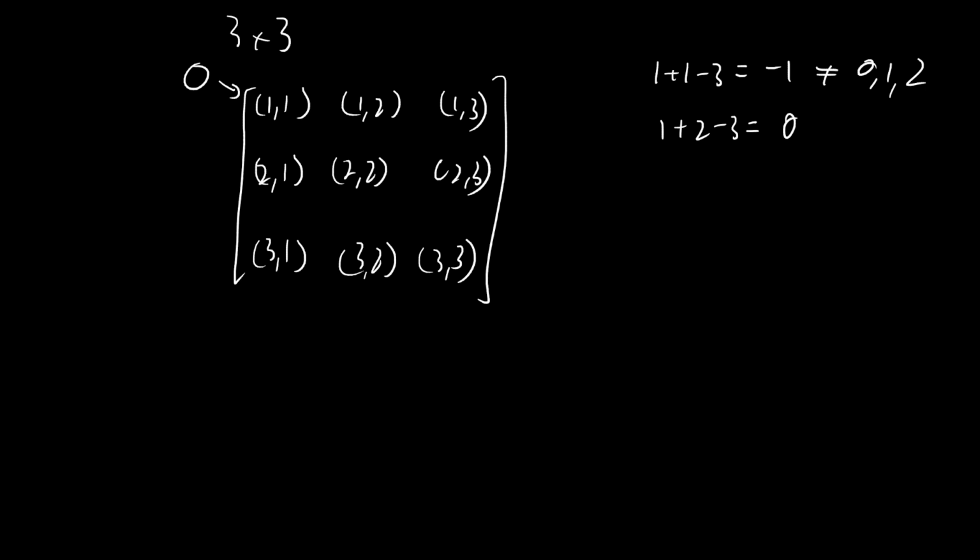Let me just highlight the non-zero elements once. This is non-zero. This is non-zero. Now checking for 2,2, 1,3, and 3,1: I plus j would be the same in all these three cases. So 1 plus 3 minus 3 equals 1, 2 plus 2 minus 3 equals 1, 3 plus 1 minus 3 equals 1. So these elements will also be non-zero.